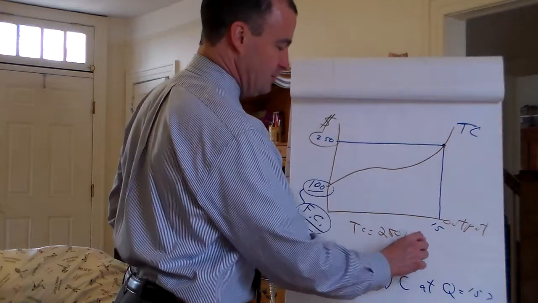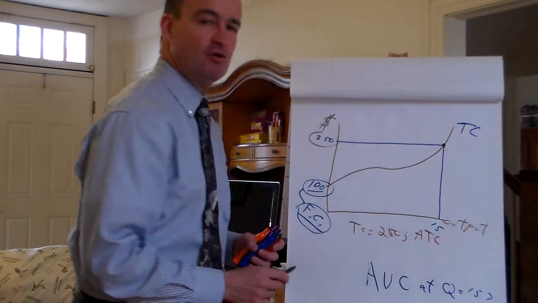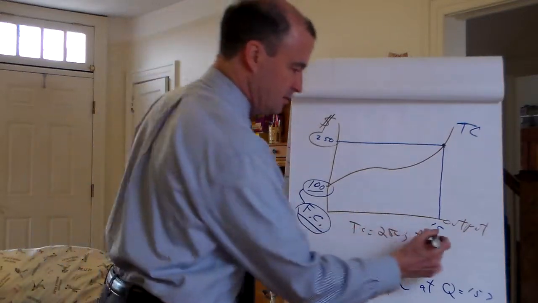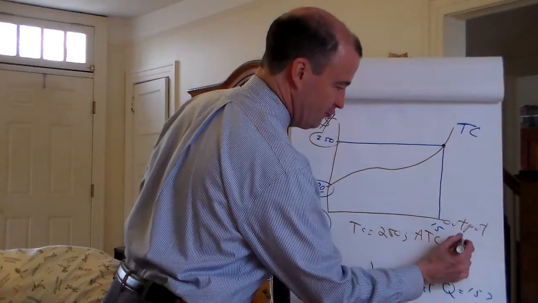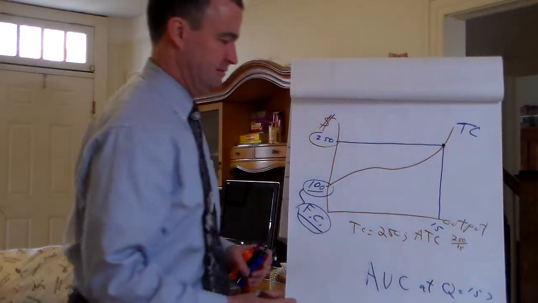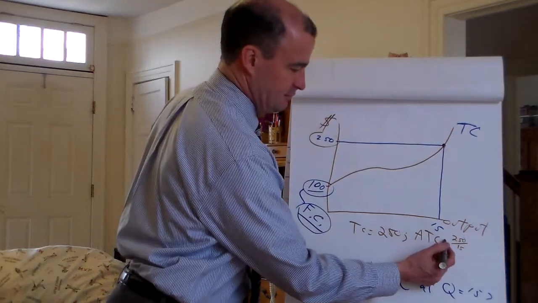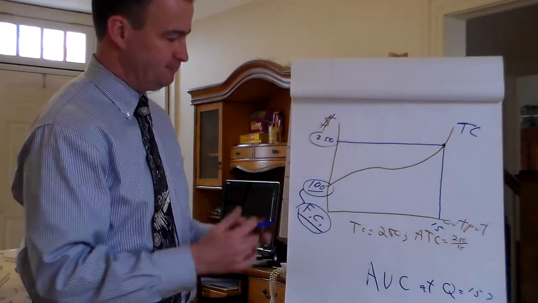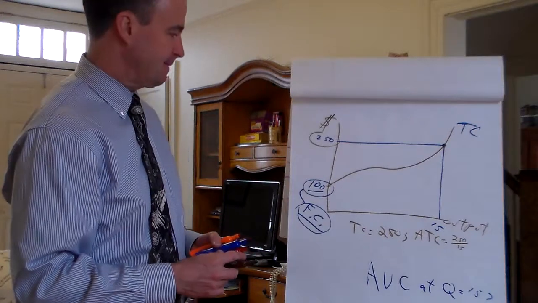What if I had asked you to calculate the average total cost? Well, that's got to be 250 divided by 15, right? Whatever that is. It's not quite 20. It's obviously more than 10.